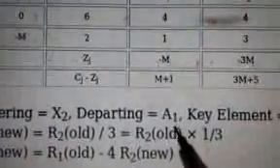So the departing variable is a1. How is a1 departing? The minimum ratio is 6 by 4, and 2 by 3. So that's why the ratio comes.